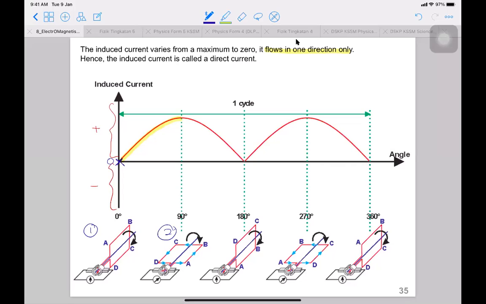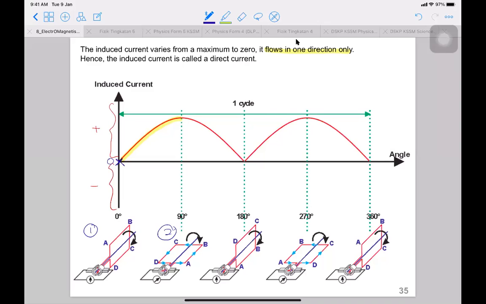At 90 degrees, the value of the induced current will be the maximum, because that position is when the cutting of the magnetic flux is the maximum. So that's why the reading on the deflection of the galvanometer will be the highest.